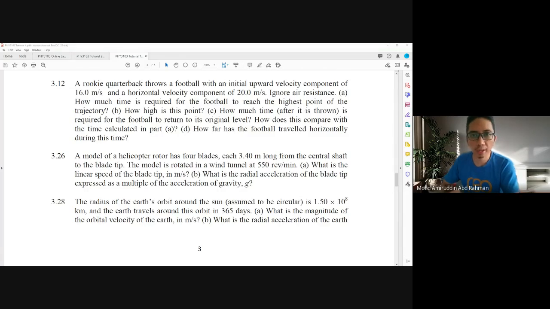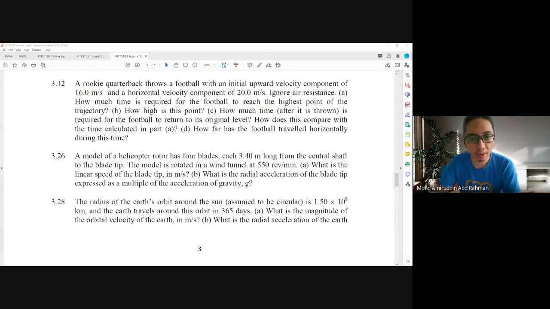So for A, the time will be 1.224 second. If you round that number, it will be 1.22 second.